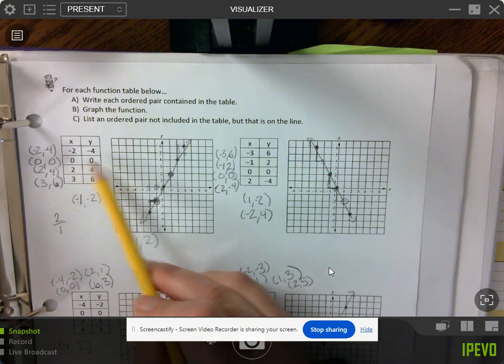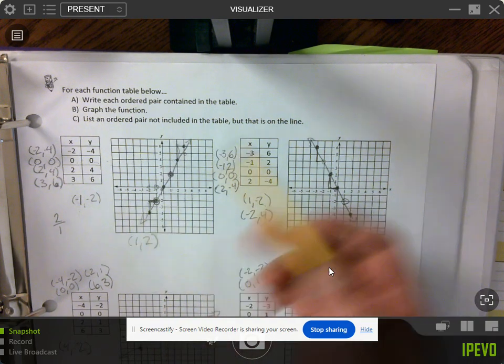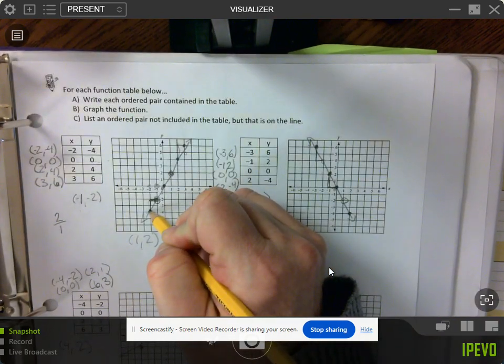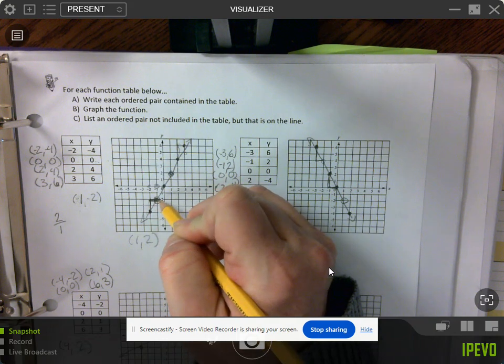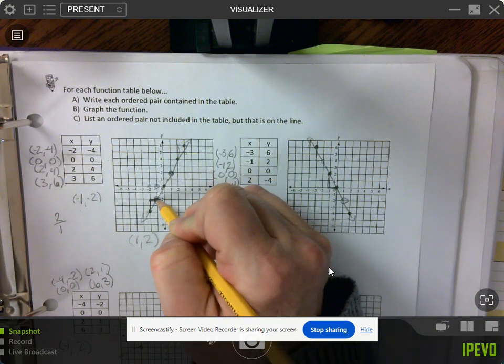So I know that's not going to work because one of those parts of the ordered pair was already being used for something else. So remember, you want to start at an ordered pair we have, and you can go up and over to another one, or we go up 2 over 1.